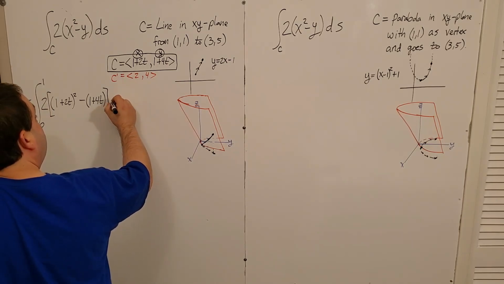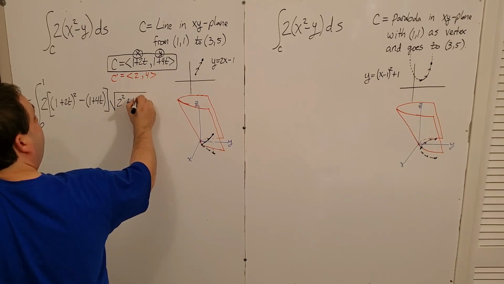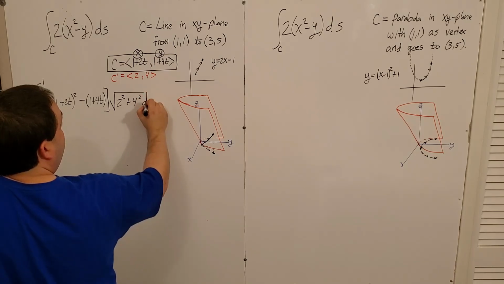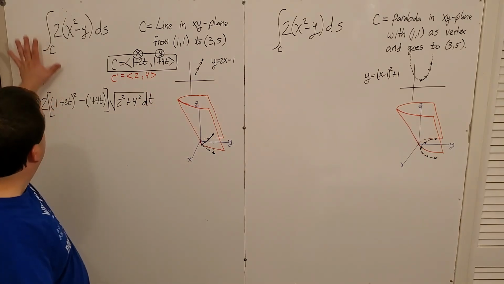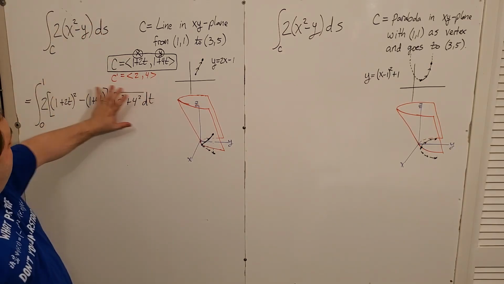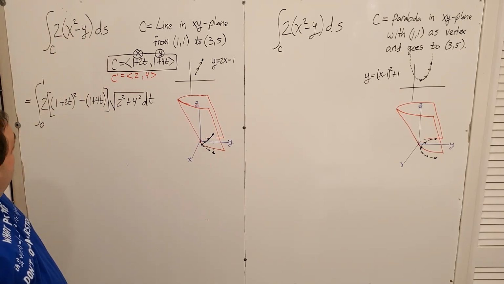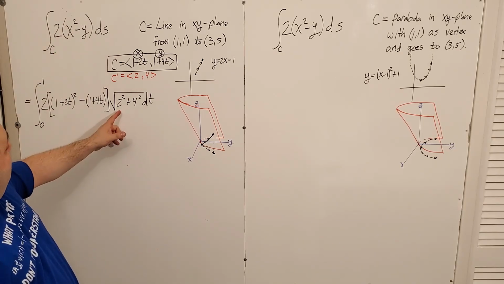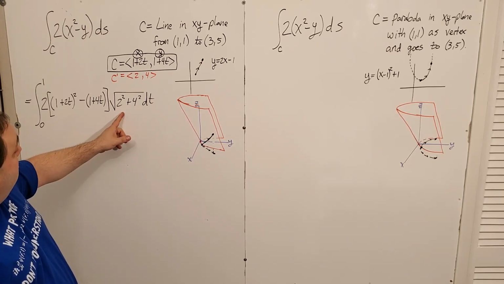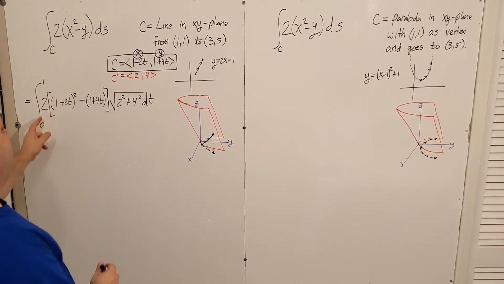So then times the square root of 2 squared plus 4 squared, since those are my x and y derivative pieces, dt. Right? So this line integral, this path integral, then becomes this parametric definite integral just by plugging in the parametrics for x and y. And I can just simplify from here. Square root of 4 plus 16 is the square root of 20, right? Which is 2 square root of 5 times the 2 that's already out here.